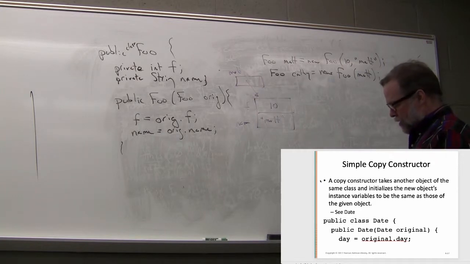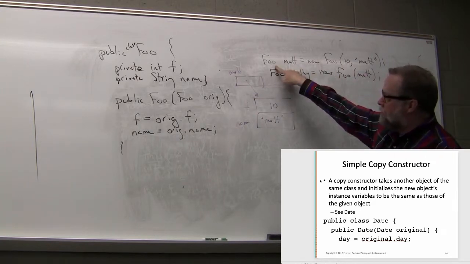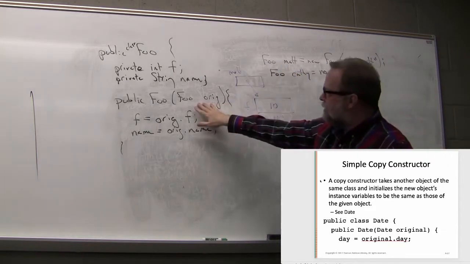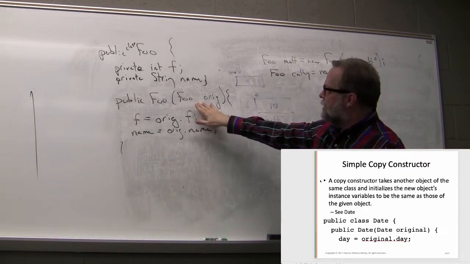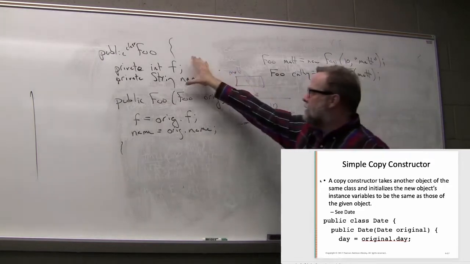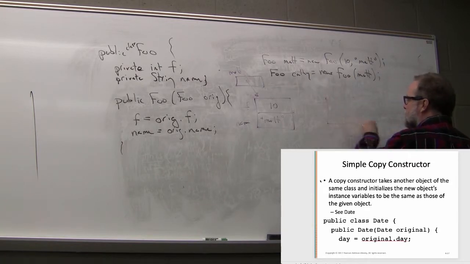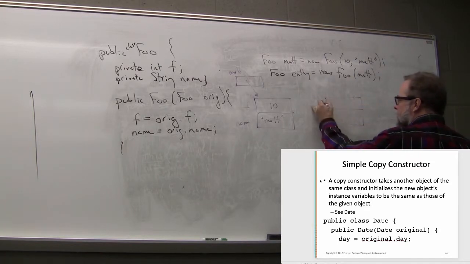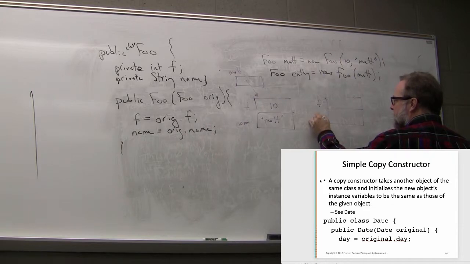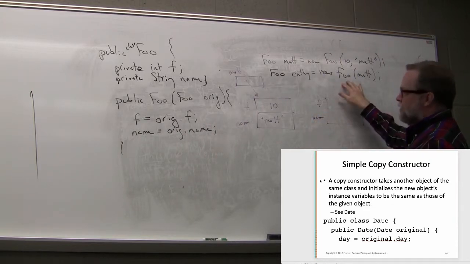So this has a parameter that is a foo object, so it's going to invoke this constructor. The first thing that happens is new occurs. It takes the cookie cutter, it cuts out a piece of memory big enough to hold an integer and a string, labels that f, labels that name. And then we're in this method.